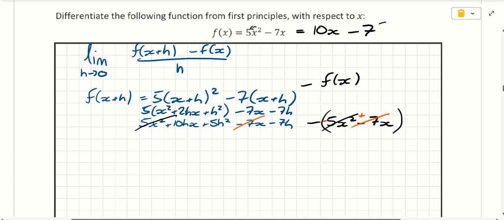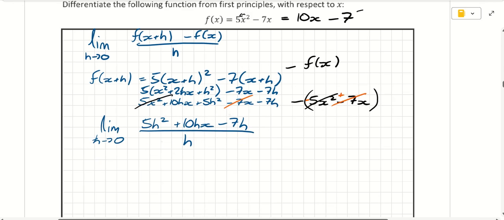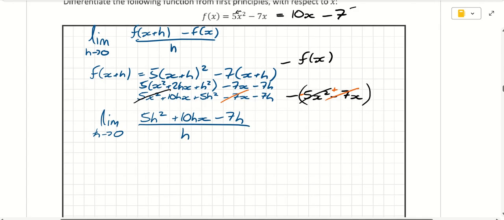So what we end up with on the top, and don't forget to include the limit sign, h tends to 0, we'll have 5h squared plus 10hx minus 7h all over h. Now we can get rid of the h on the bottom because it'll cancel out with everything up there.